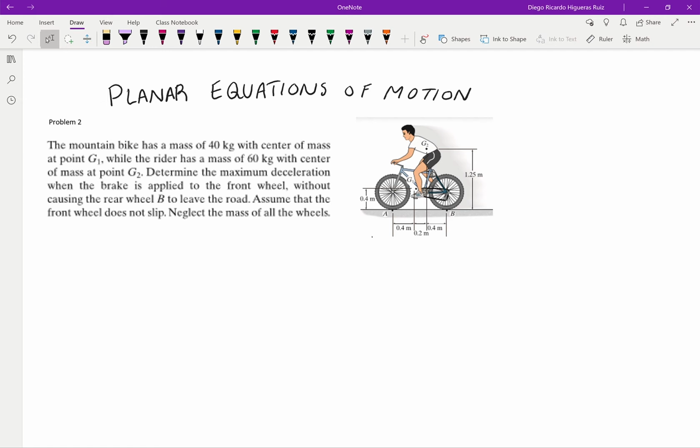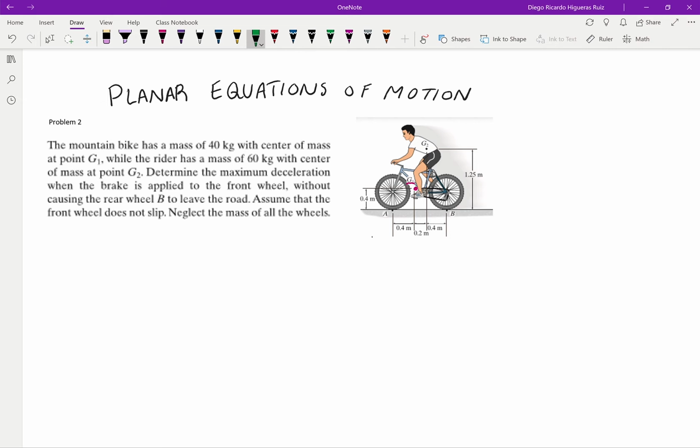Okay, so the mountain bike has a mass of 40 kilograms with the center of mass at point G. So right here, point G. Sorry, I'm gonna take a different color. This one. Right here, point G. Center of mass of the bike, and the rider has a mass of 60 kilograms with the center of mass at point G2.